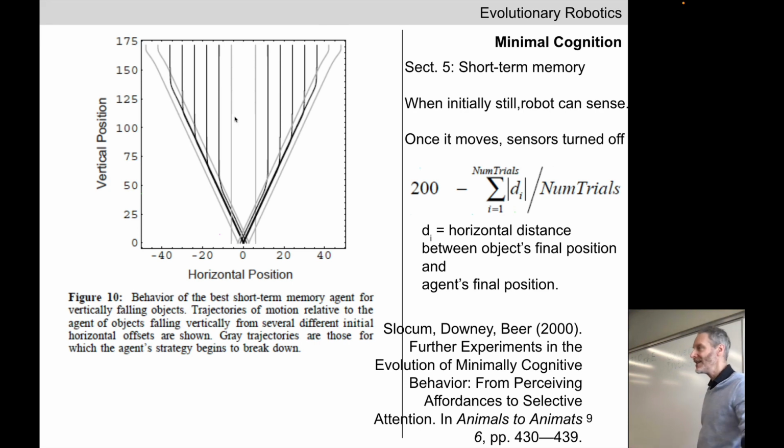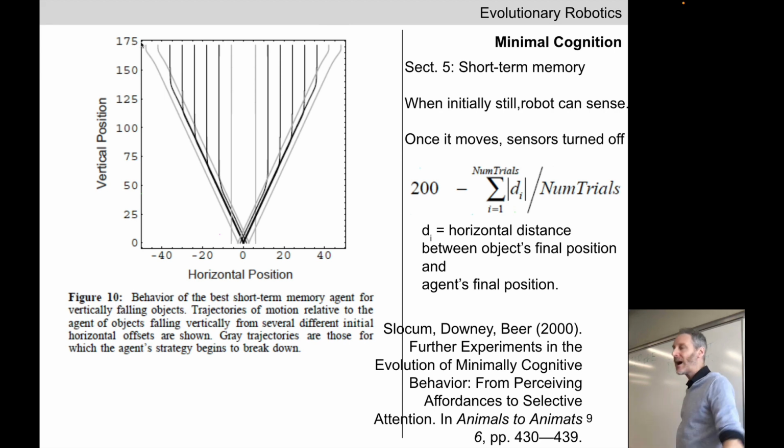Let's have a look again at this figure, which is showing what that evolved CTRNN causes the robot to do, how it causes the robot to move in a bunch of different conditions. We're going to look at 1, 2, 3, 4, 5, 6, 7, 8, 16 different environments. At the top of the screen here, like we saw in the first experiment, it's reporting the horizontal position of the object relative to the robot.